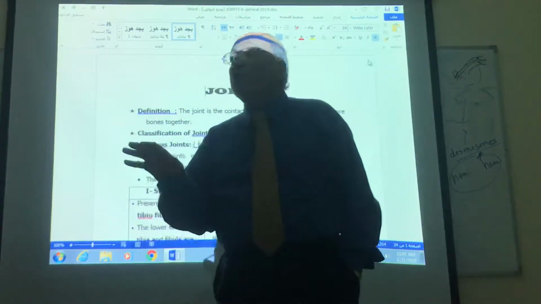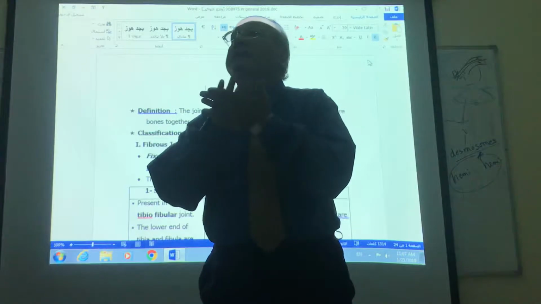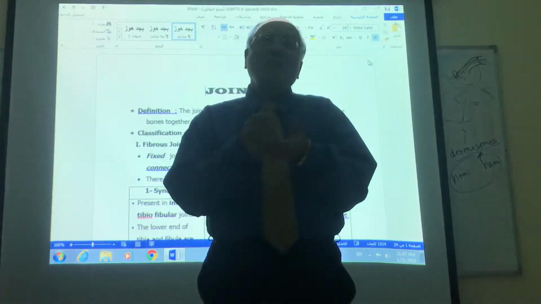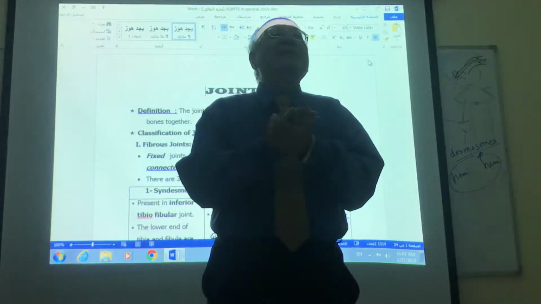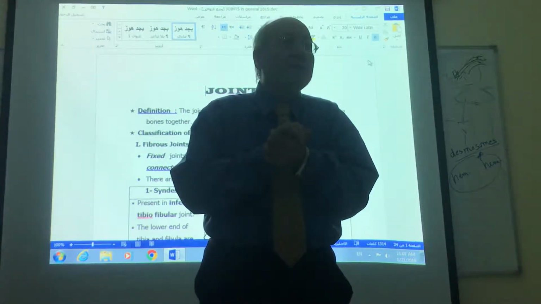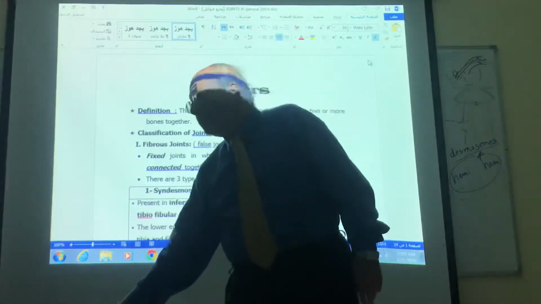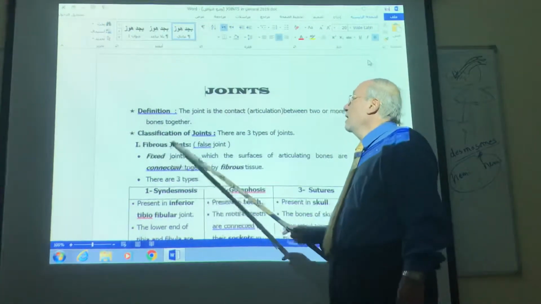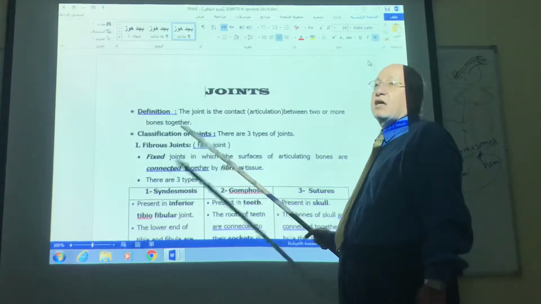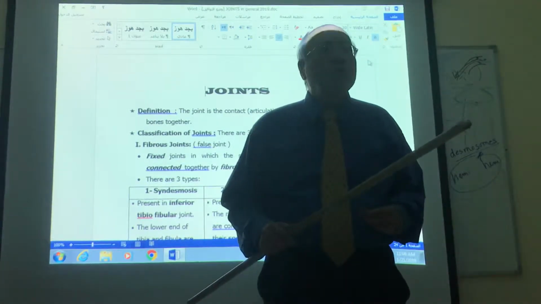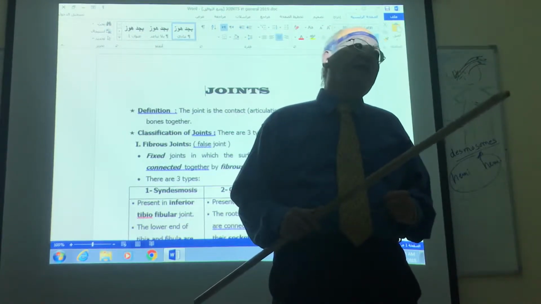If there is a joint without mobility, it is a joint, but it is a false joint because there is no movement. Fibrous joint is a false joint in which there is no movement between the two or more articulating bones.